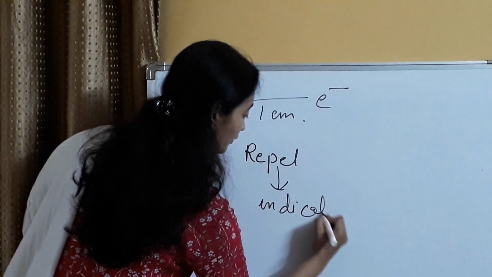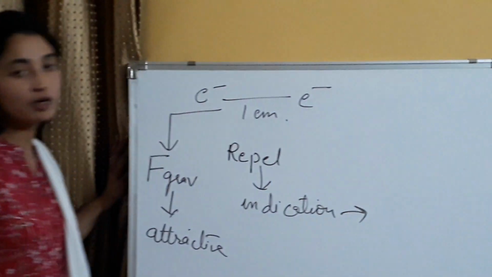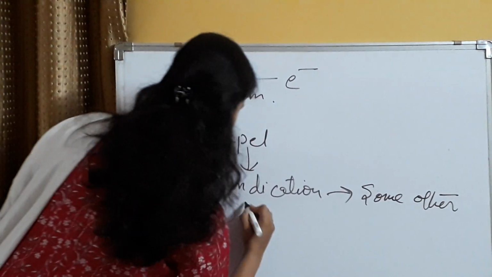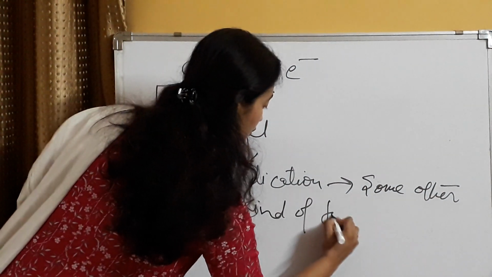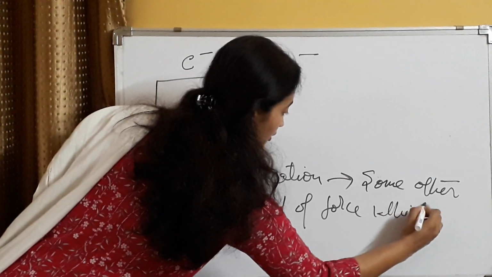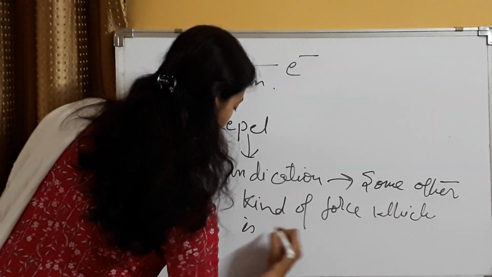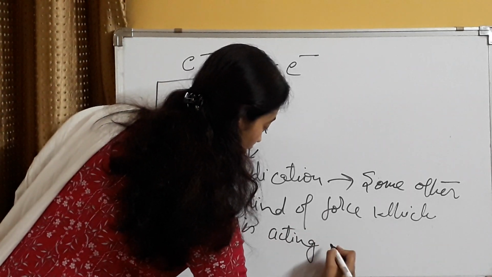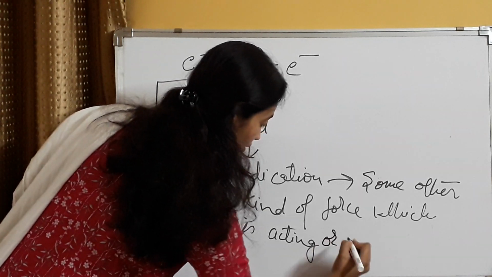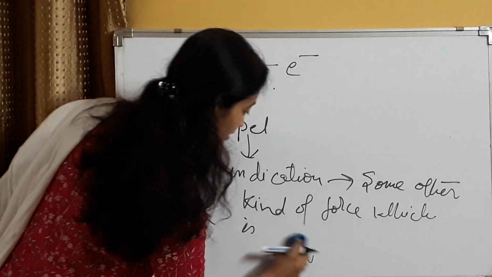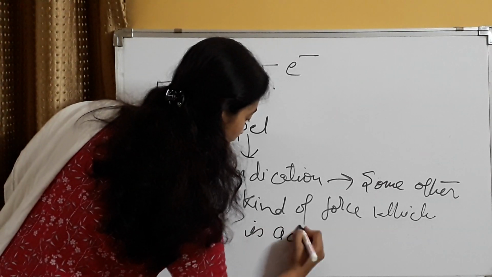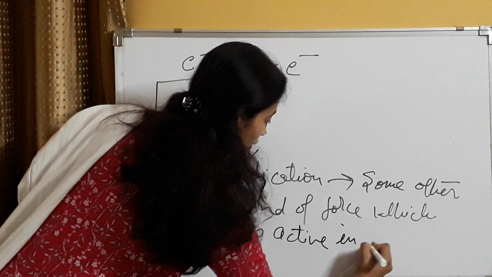When they repel each other, it is an indication that apart from gravitational force, there is some other kind of force which is active in these electrons.